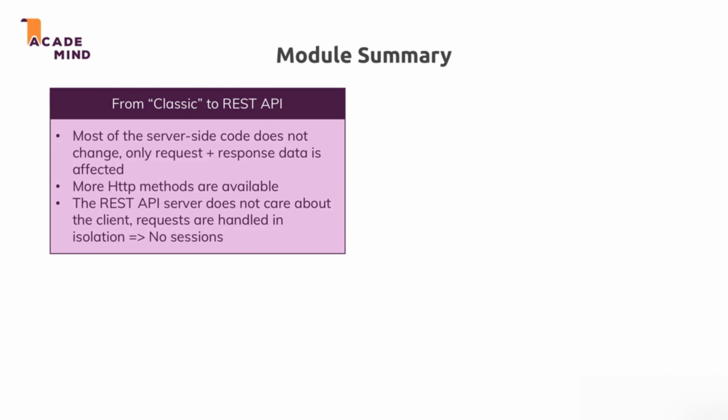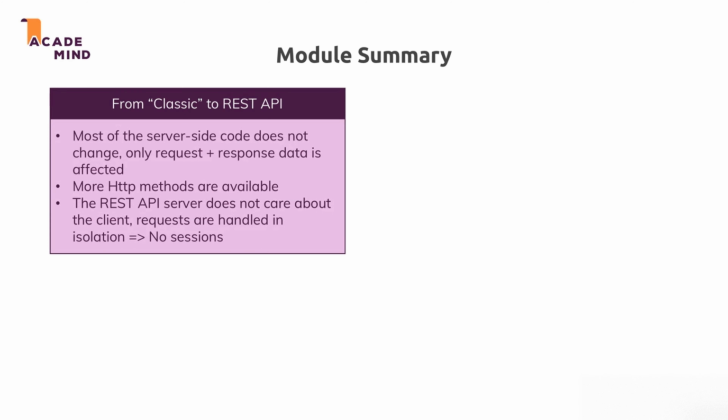You also got more HTTP methods available, which you can use to, well, construct your API endpoints. And the most important takeaway is that the REST API server does not care about the client. The requests are handled in isolation, so every request is treated as if it would arrive for the first time.